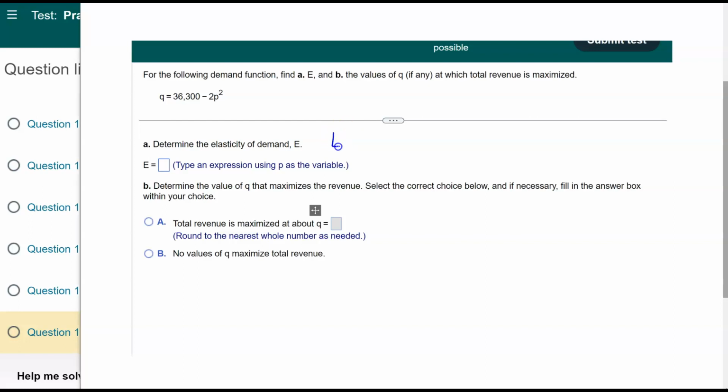We have a formula for E, and this is just equal to the negative of our variable here.